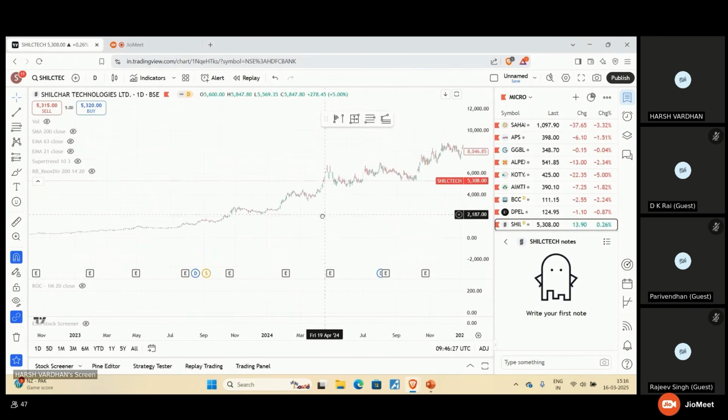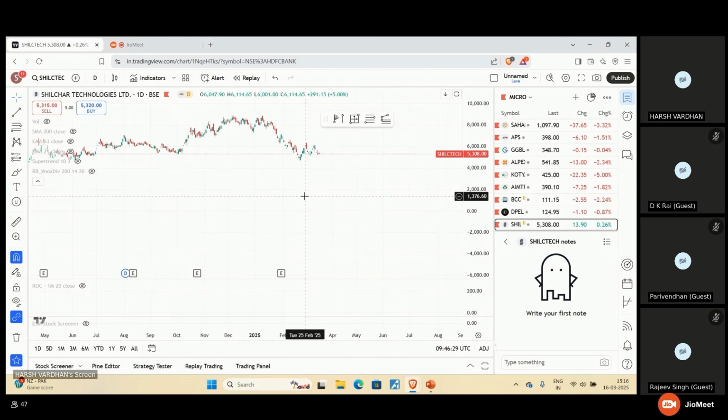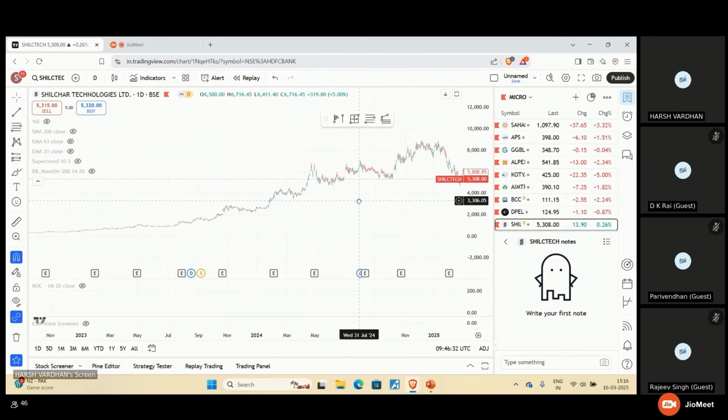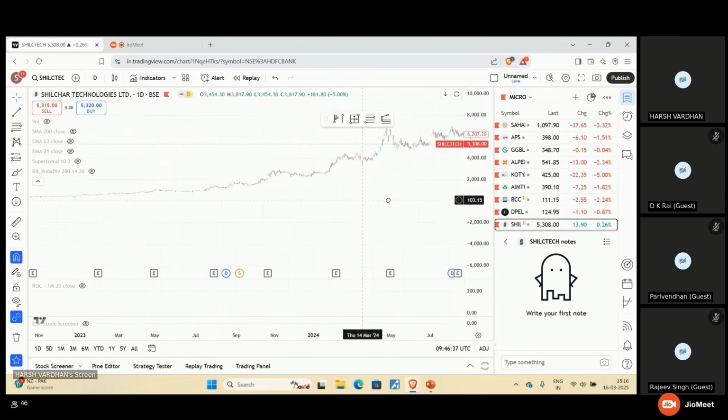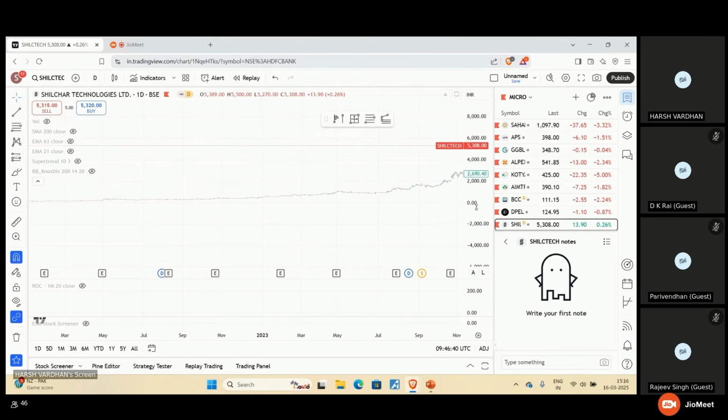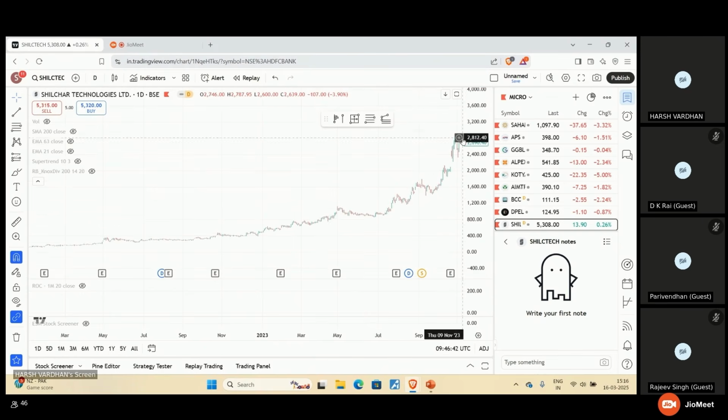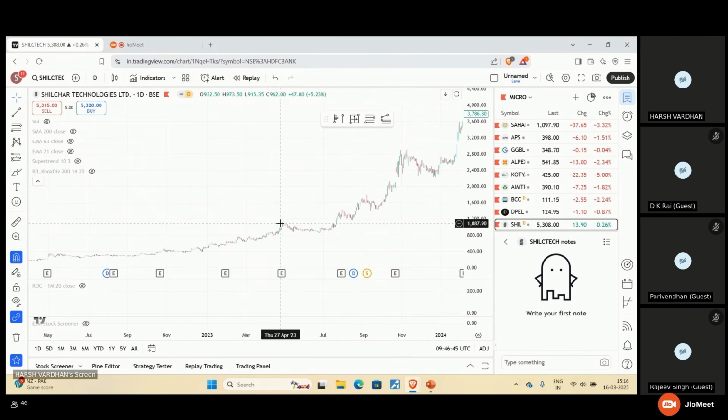Here you can see in the chart, from July 2023 onwards, what happened in the stock is that from May 2023 to July 2023 it was more or less consolidation, or you can say accumulation was going on. Previously there was also an uptrend, so you can consider this as a pullback or consolidation rather than a downtrend.